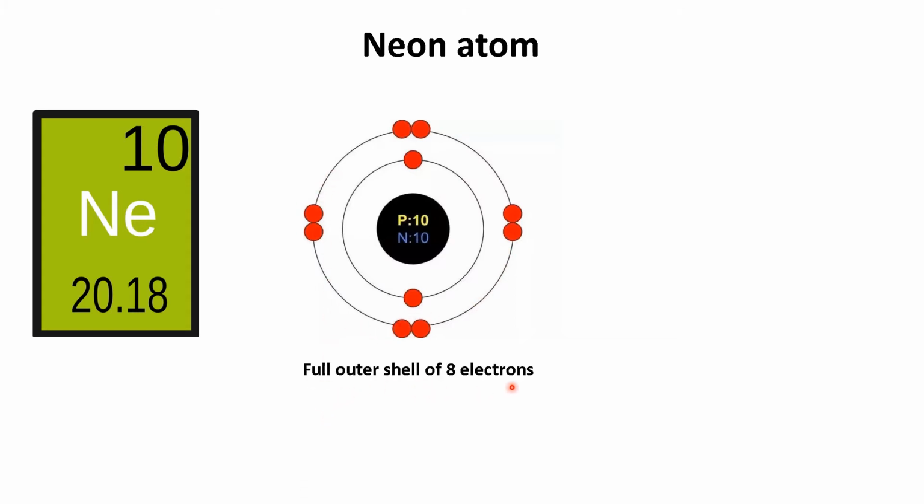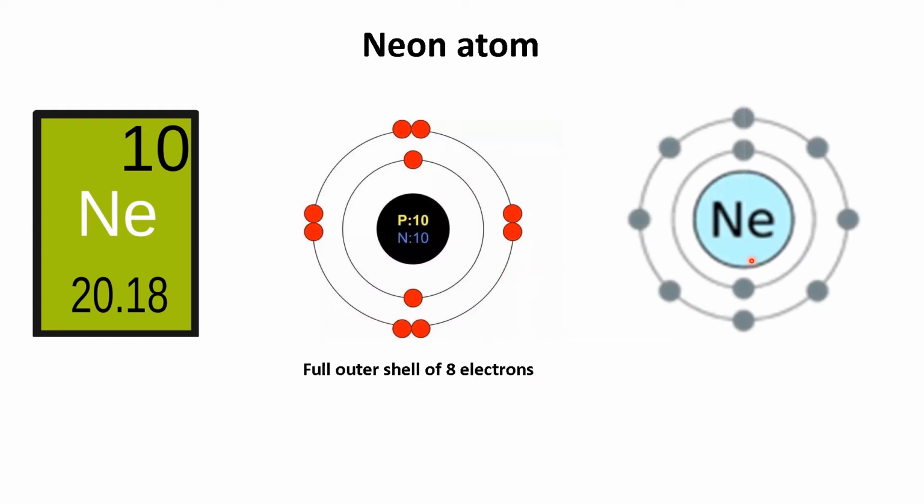Full outer shell of 8 electrons. The outer shell electrons are called valency electrons. Neon has atomic number 10 and is written as 2,8. And it is stable. This stable arrangement of electrons makes the group 8 elements unreactive.